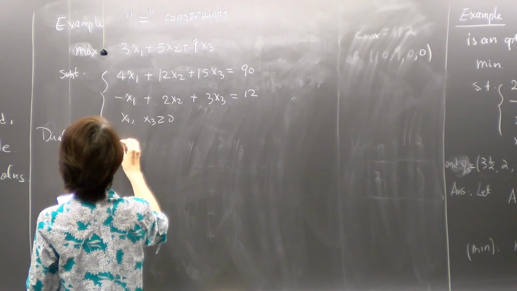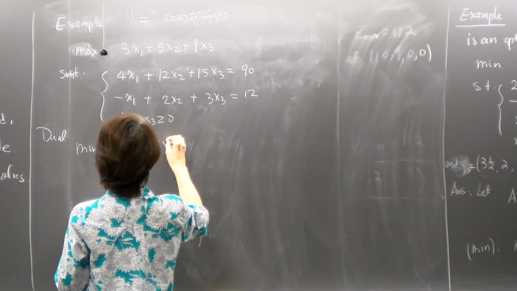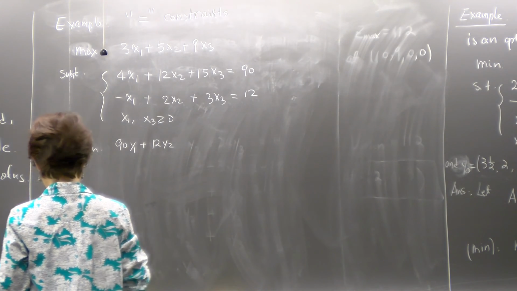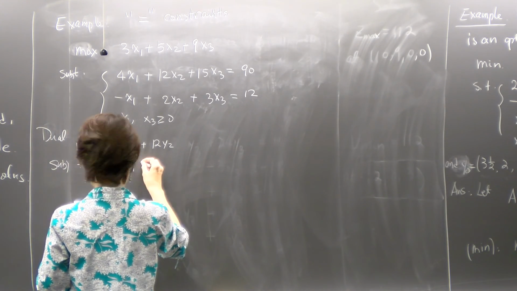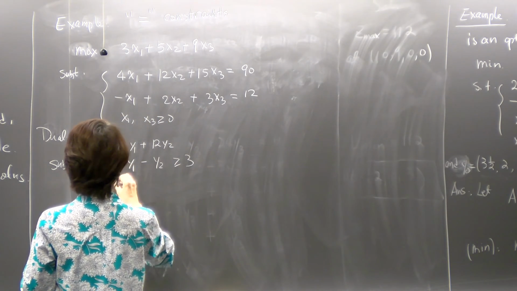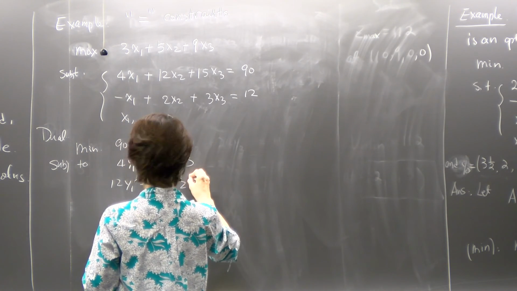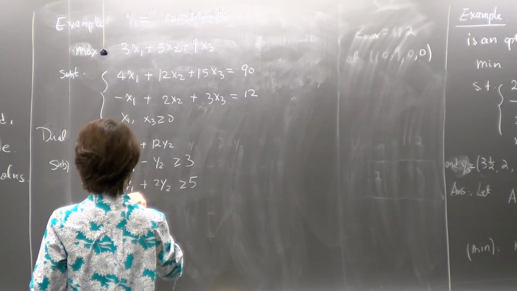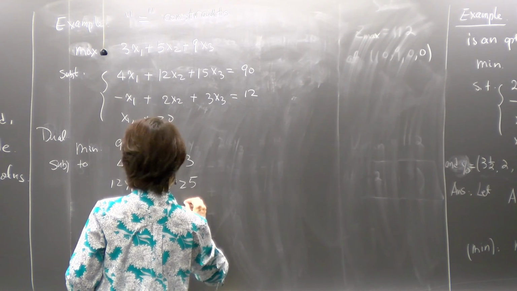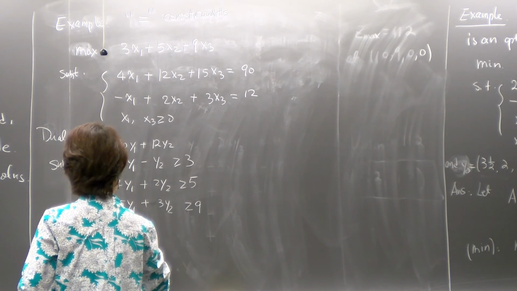Minimizing 90 y1 plus 12 y2 subject to 4 y1 minus y2 bigger than 3, 12 y1 plus 2 y2 bigger than 5, 15 y1 plus 3 y2 bigger than 9, but they're unrestricted.